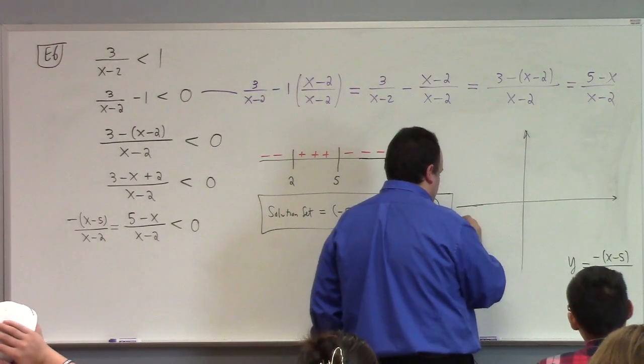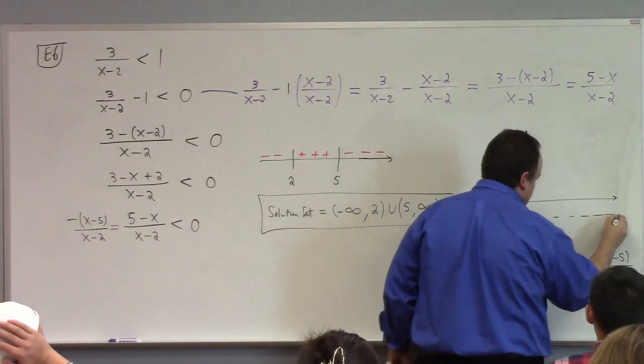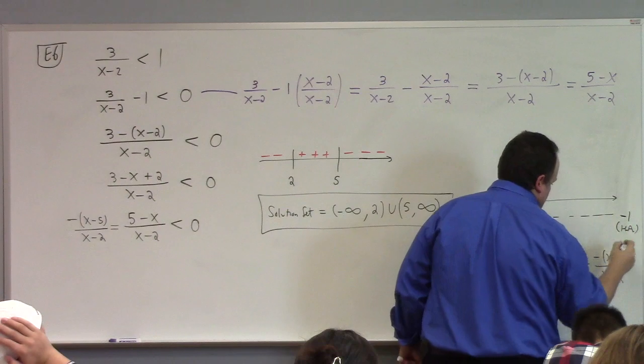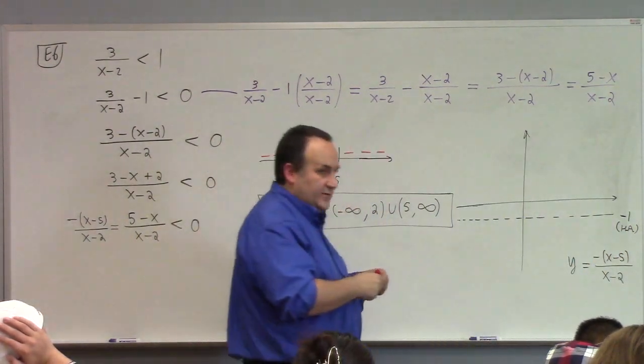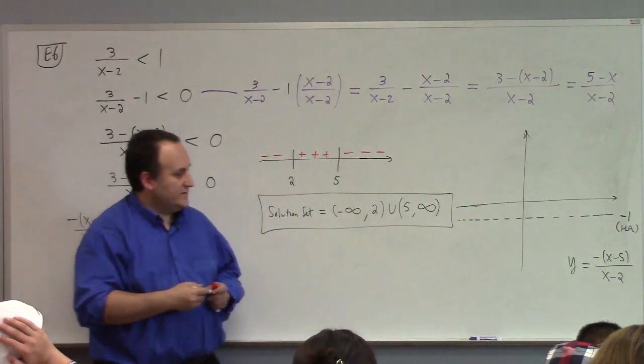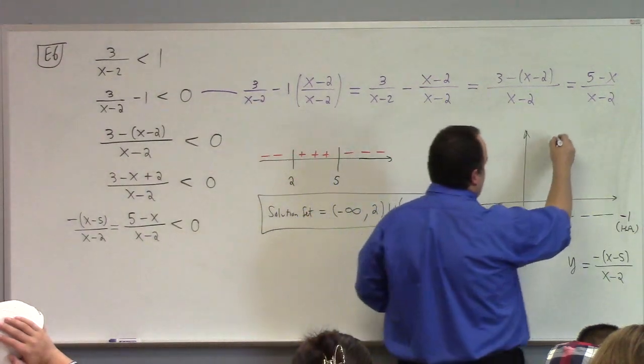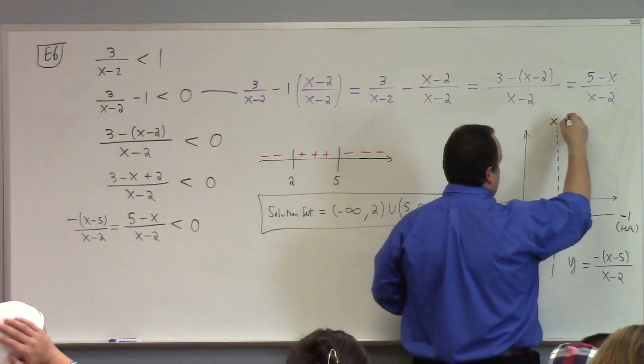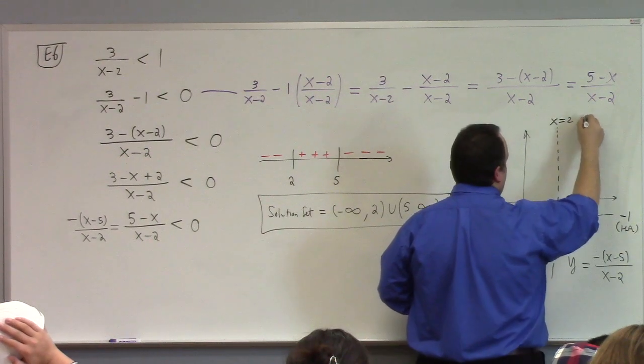So this thing has a horizontal asymptote of about negative 1. The vertical asymptote is where you've got division by 0. That's at 2. So x equals 2 is a vertical asymptote.